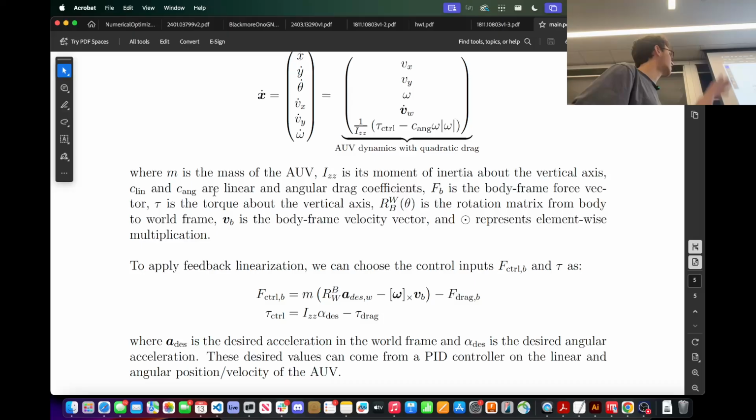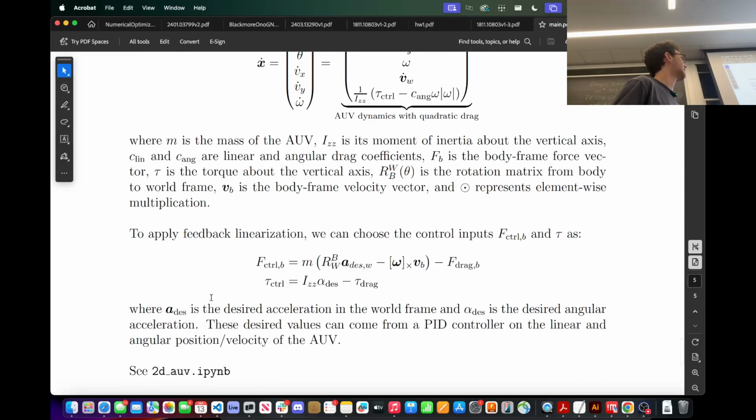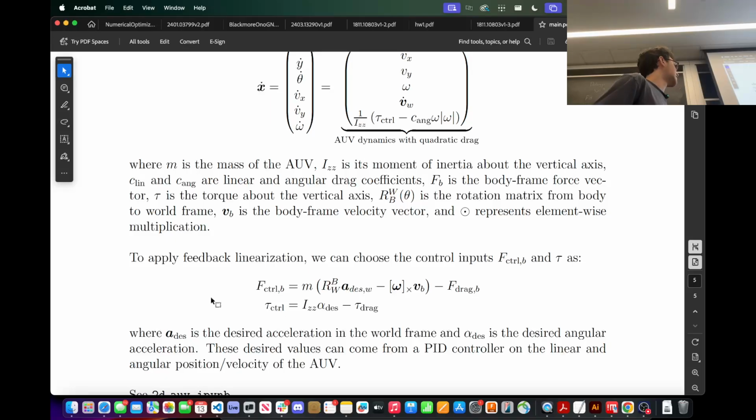Not really important, but we do use those physics on the robot. Okay, all that being said, physics aside, we want to do control on this guy, but we have this nonlinearity thing. So we want to do feedback linearization.